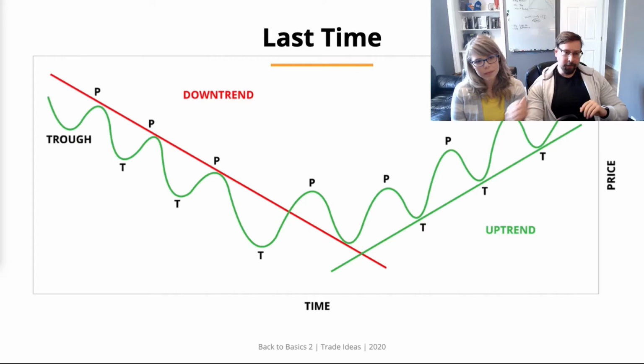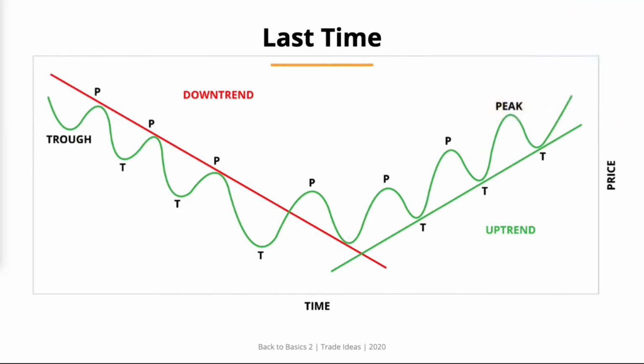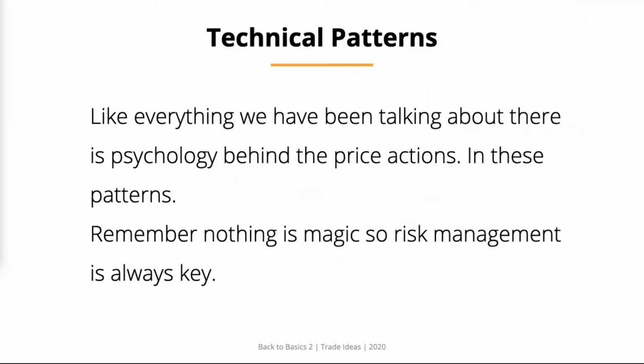Right? So we're going to talk about these technical patterns, and they're basically geometric patterns. There's all kinds of funny names. This one's just going to be to get your feet wet with them, and then we're going to go through all the individual patterns next time.